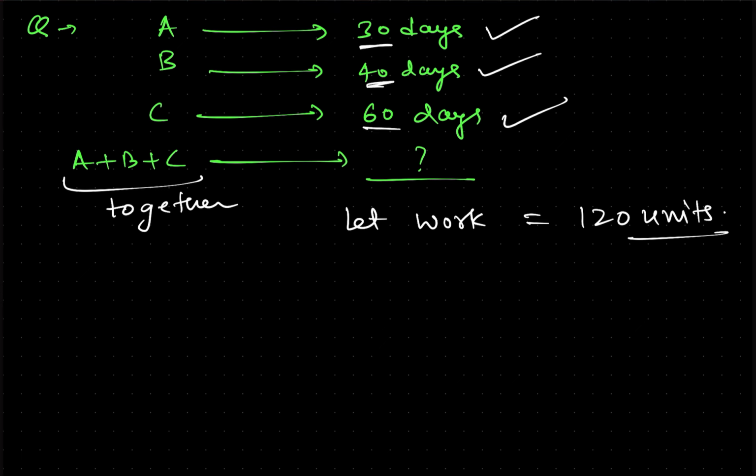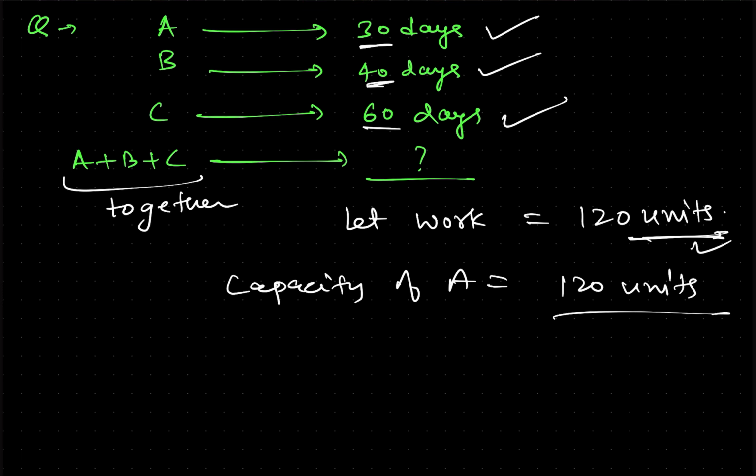If 120 units is the total work and A takes 30 days, what is the capacity of A? 120 units divided by 30 days, so 4 units per day.